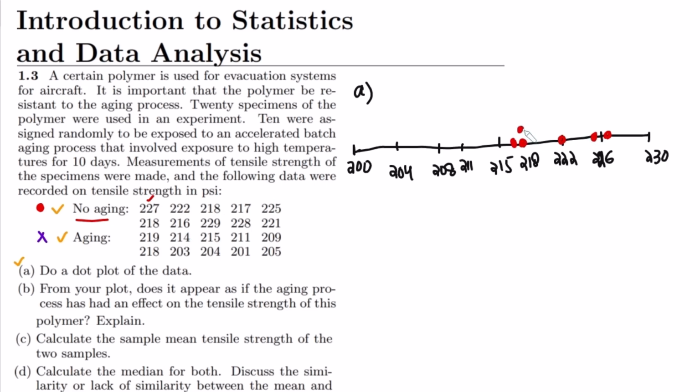So let me draw it here. The next one is 216. So 216 almost lies here. Okay. Then 229. So 229 lies here. Okay. Then 228. 228 lies here, and the last one here is 221.